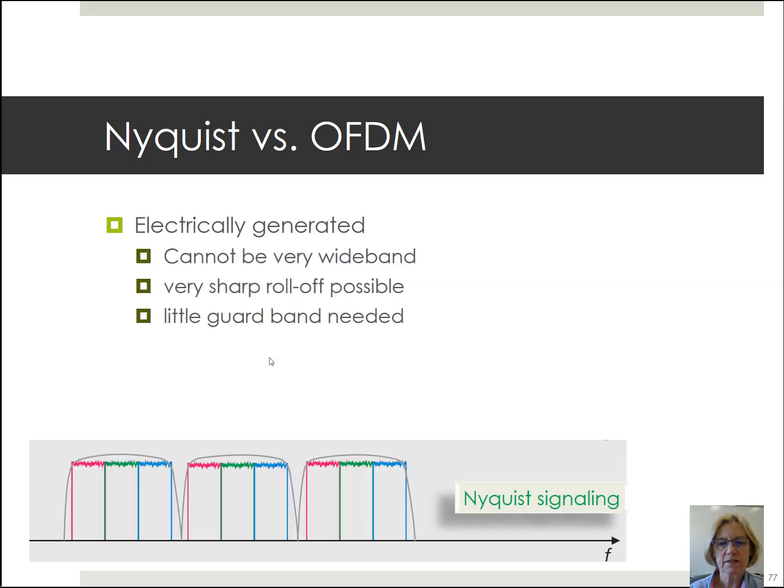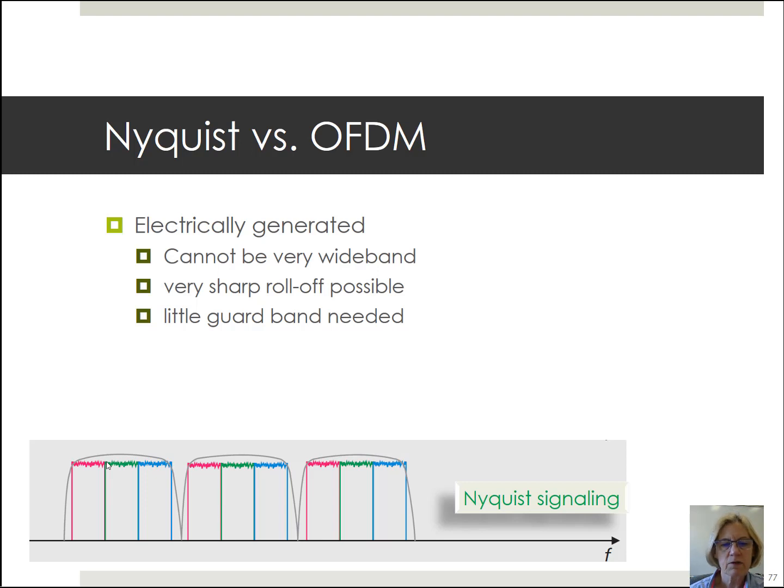And the third choice is, of course, to use Nyquist signaling. And this is, again, electrically generated. And it cannot be very wideband compared to the optically generated OFDM, because the width here, in the end, is determined by the DAC's maximum sampling rate, maximum speed.